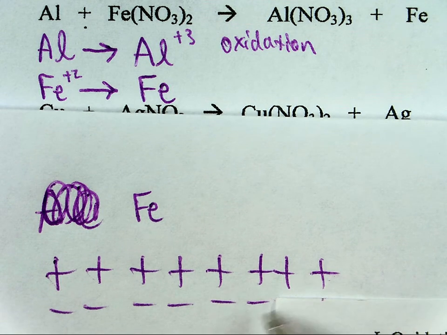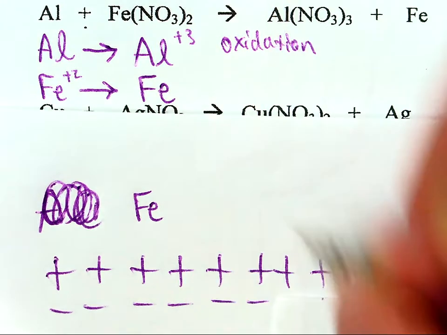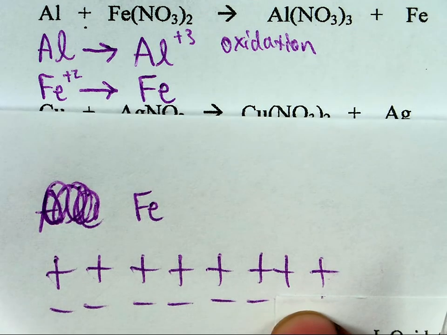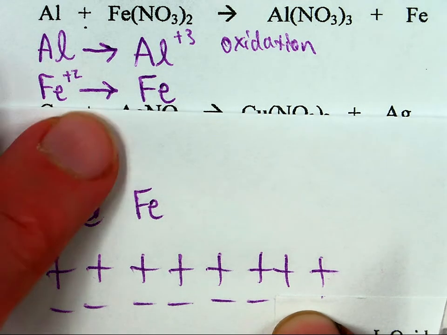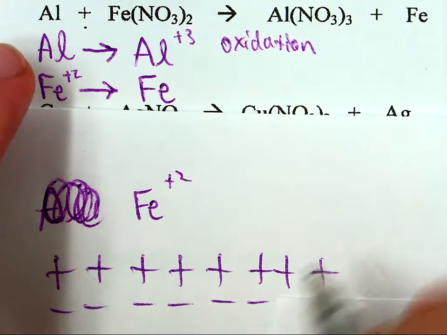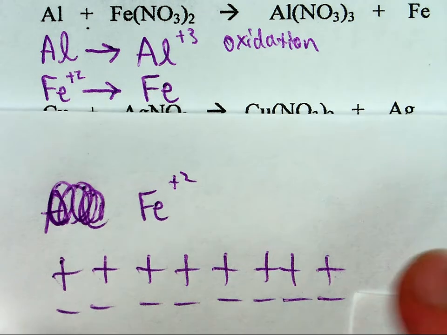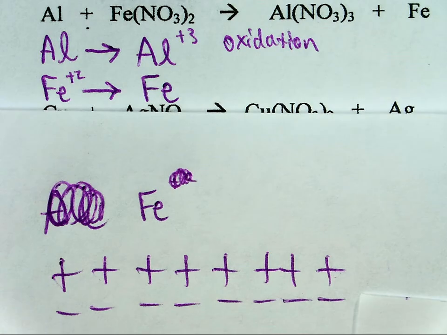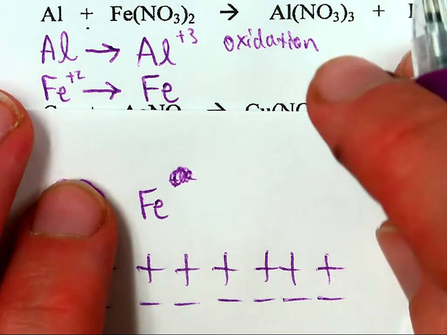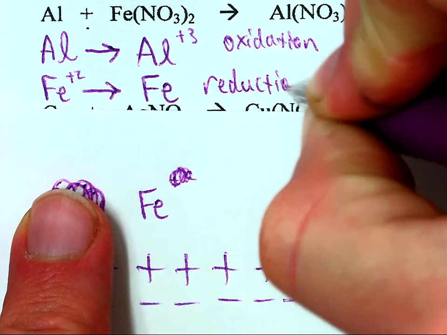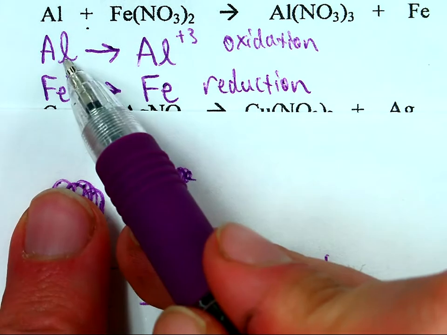Well, if that's iron with a +2 charge, then in order to be neutral, it would have to gain 2 electrons in order to become neutral iron with equal numbers of each. So if it gained 2 electrons, gaining an electron is reduction. So the aluminum was oxidized and the iron is reduced.